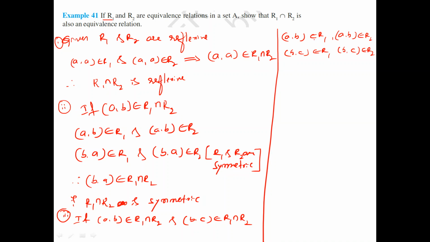Now these two, in R1, observe that this can be written as (A, C) belongs to R1, and also (A, C) belongs to R2. Why? Because R1 and R2 are transitive.